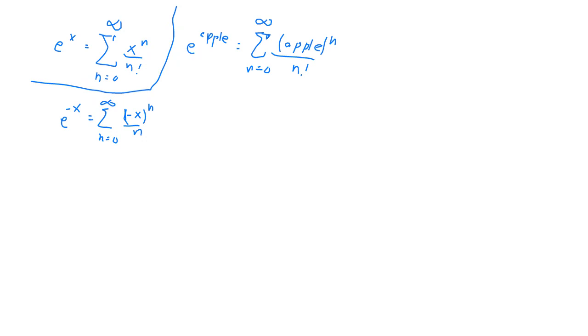See that? So e to the apple equals this power series. And so e to the negative x, well, the negative x then is my apple. And so it goes in here, as you see it.